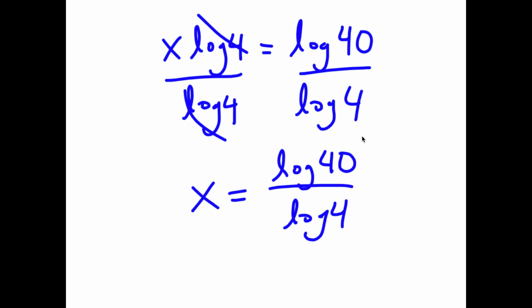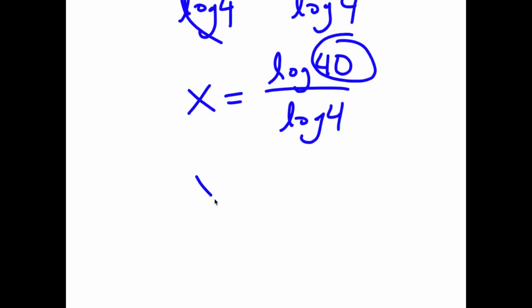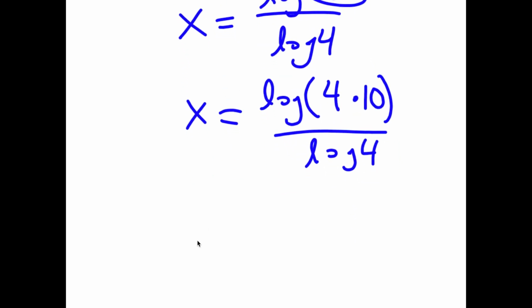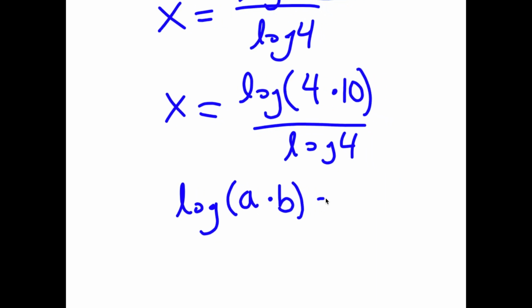Now we can rewrite log 40 as log of 4 times 10. And if I have something in the form log of a times b, this is equal to log a plus log of b.